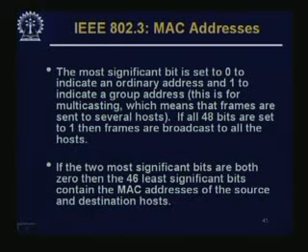You indicate a very special address starting with a 1. So this is for multicasting. If all 48 bits are set to 1, then the frames are broadcast. For the destination field, if all bits are 1, that is a very special address. This is not the address of any particular machine. This is going to match with any Ethernet address on that particular LAN. If the 2 most significant bits are both 0, then the 46 least significant bits contain the MAC addresses of the source and the destination host. So this is how you make out.